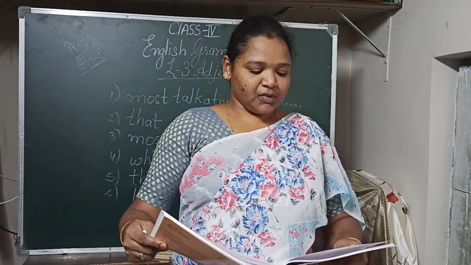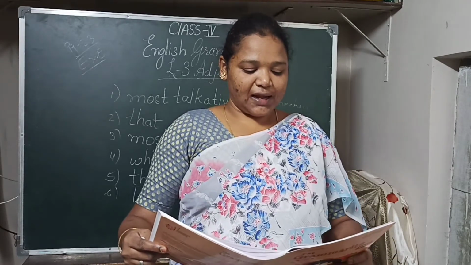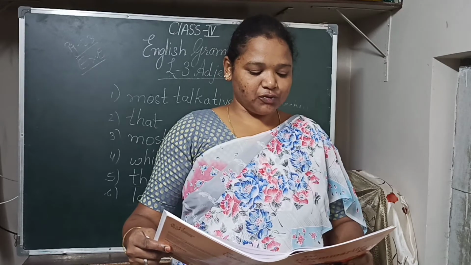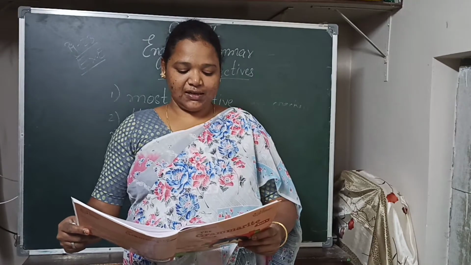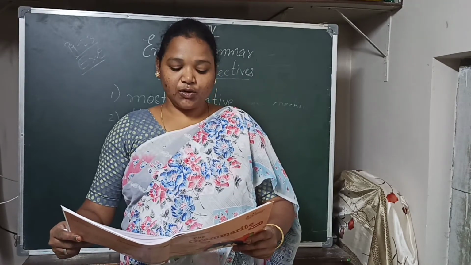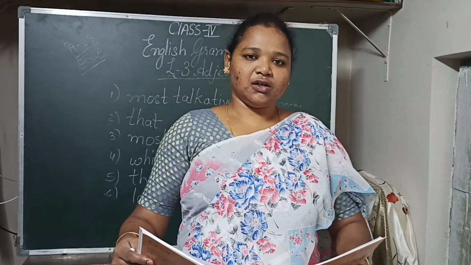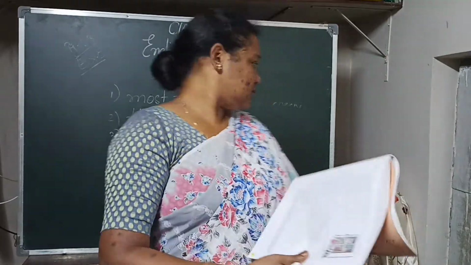Exercise F. Choose the correct options from the brackets and fill in the blanks. One has been done for you. We went together to celebrate the dash day. So, glorious and glorious. Which word will come? Glorious. Okay, right children?